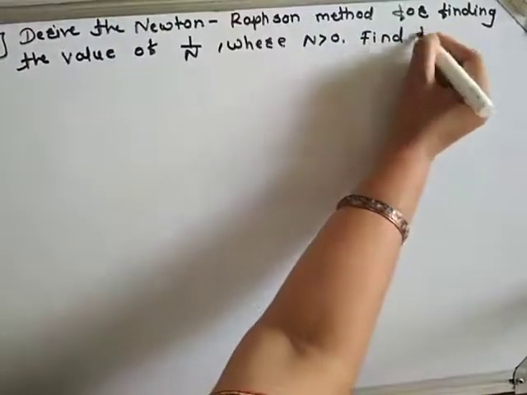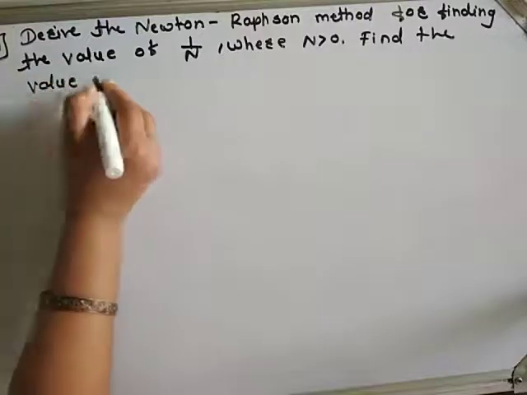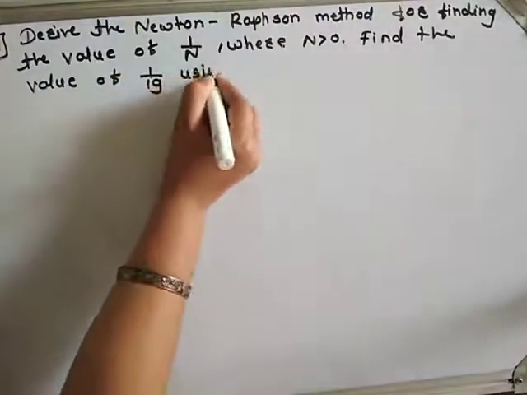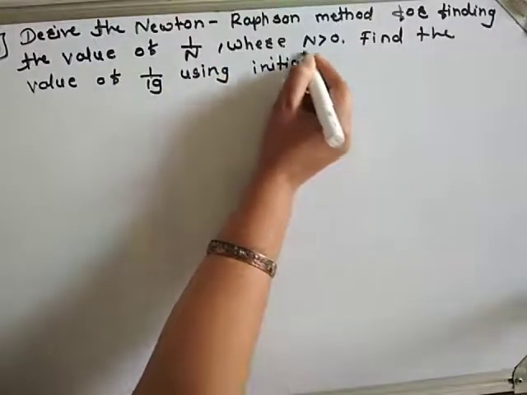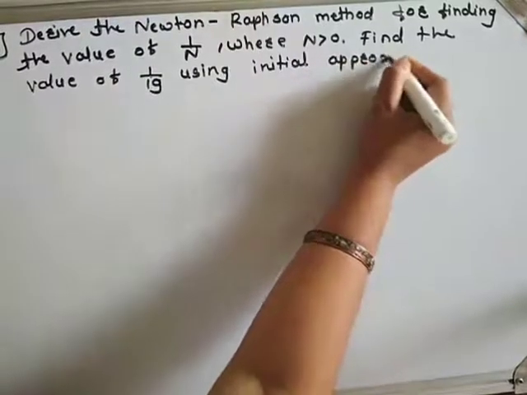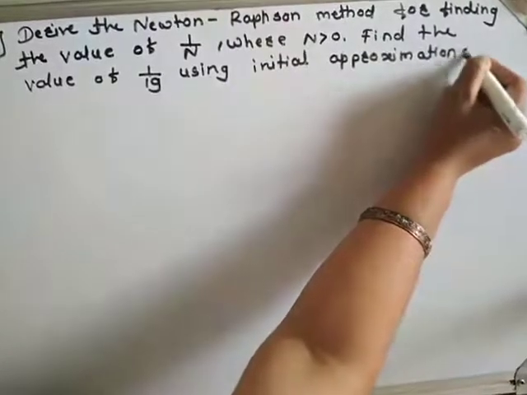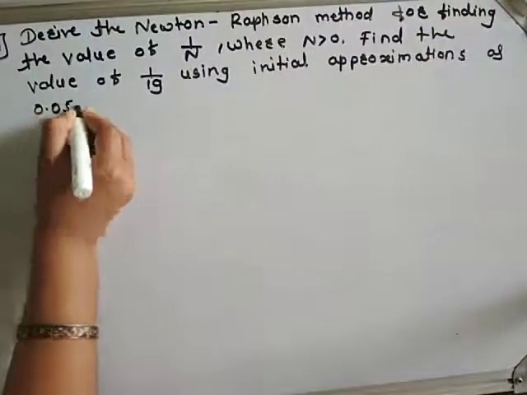Find the value of 1 by 19 using initial approximation as 0.05.